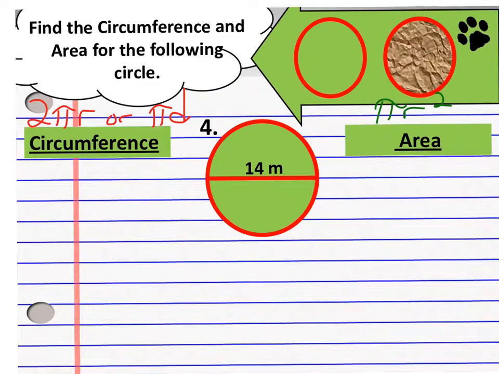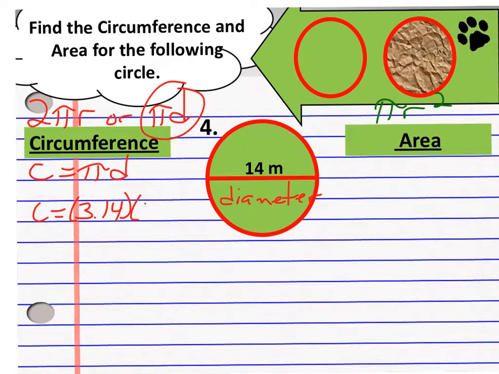Number 4, new picture. So let's look at it. The line went all the way across. So let's label it, and we know that is the diameter, and it starts with a D. So we're using this formula again. C equals pi d. C equals, pi is 3.14, and the D on this one is 14. So off to the side, 3.14 times 14.